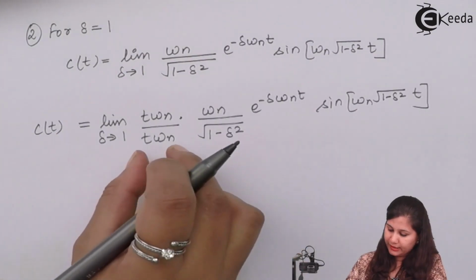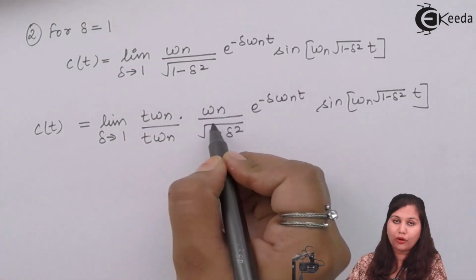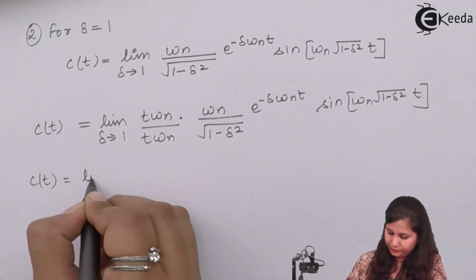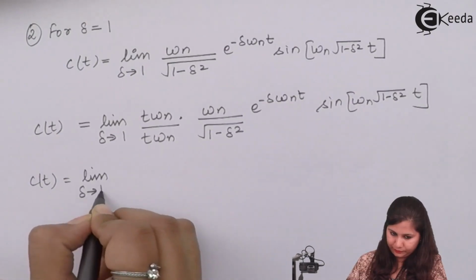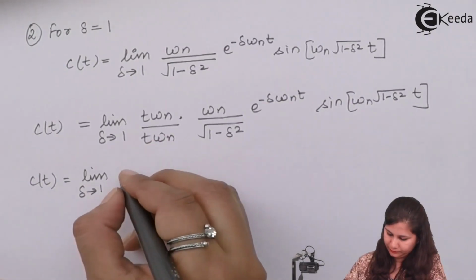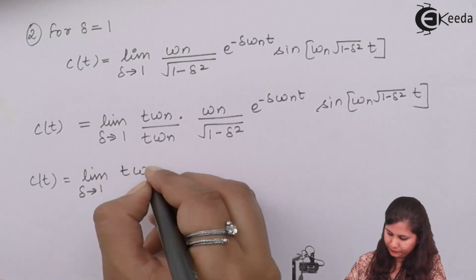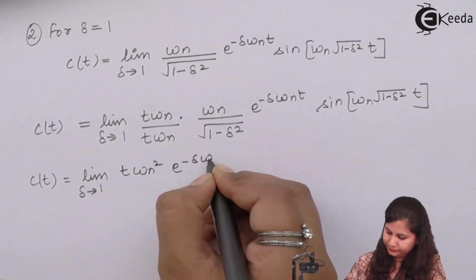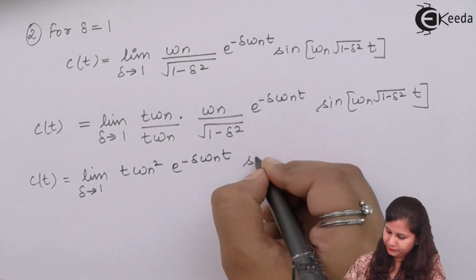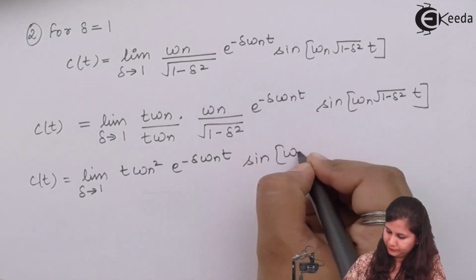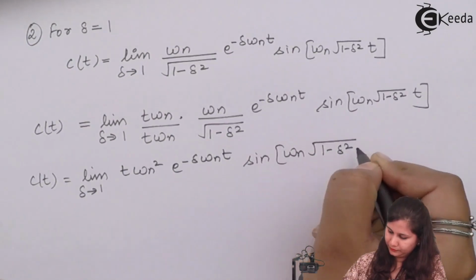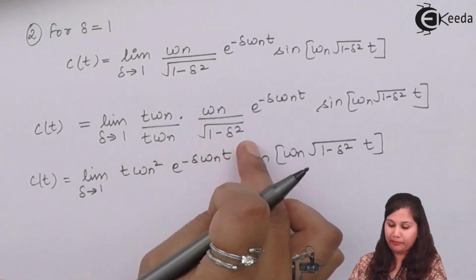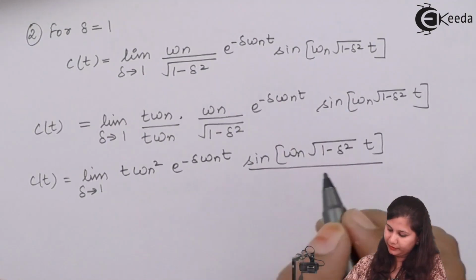Now we will put this omega n under root of 1 minus delta square here. This will become omega n square. And this t omega n under root of 1 minus delta square, we are going to put it here.